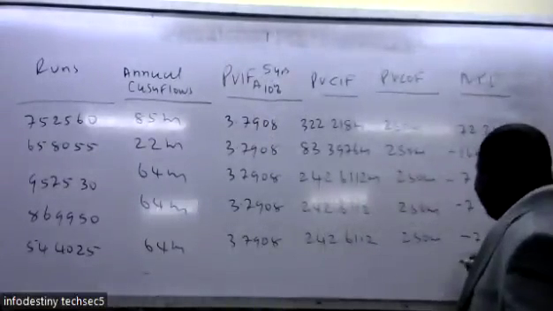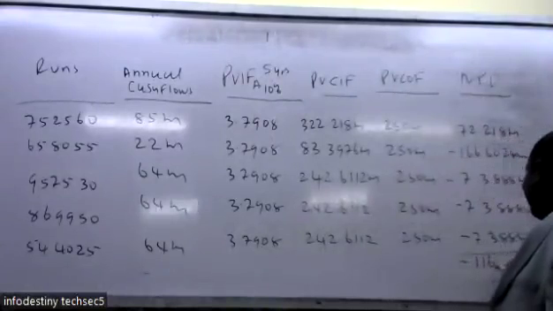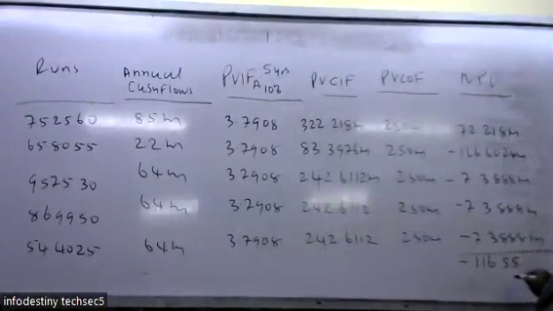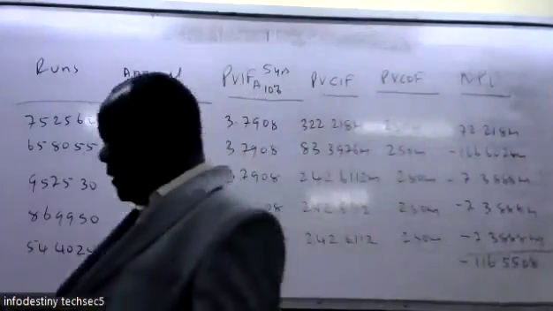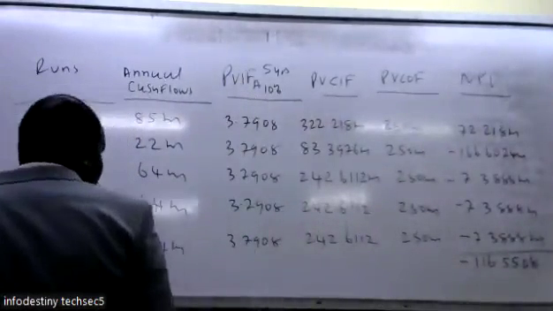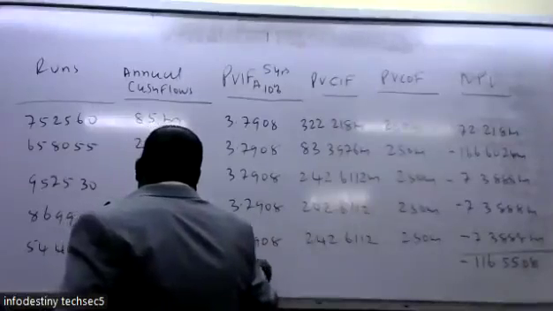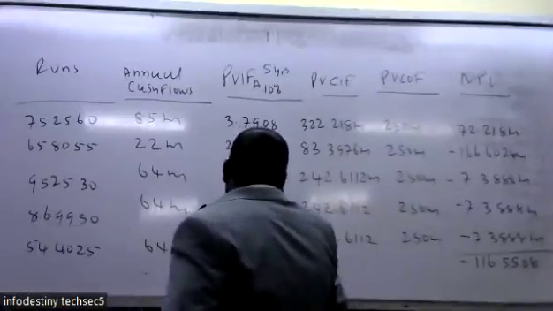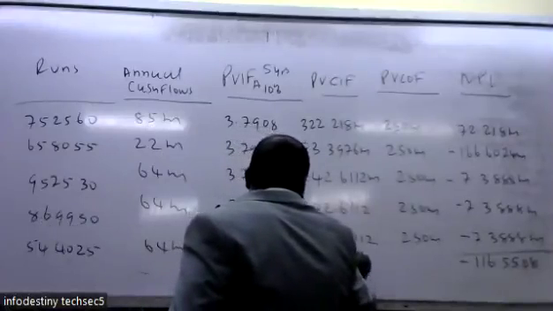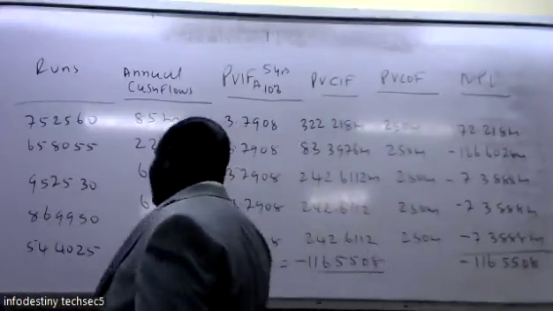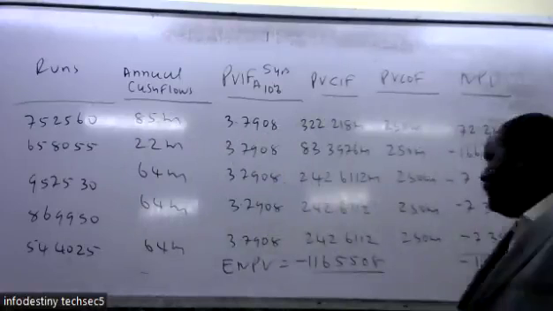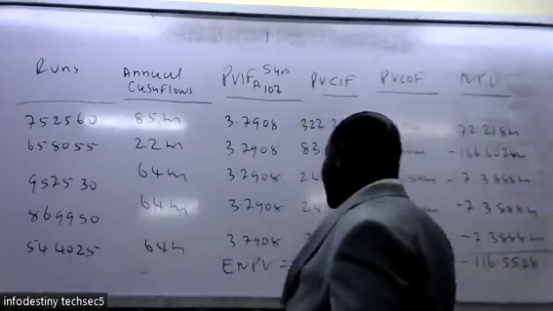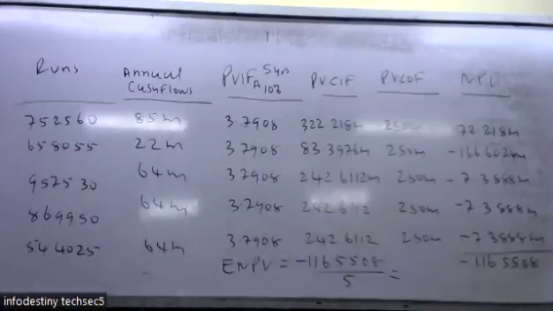Negative 116.5508. But they wanted you to get the expected NPV. So for that expected NPV, we take that negative 116.5508. But there were how many runs? There are 5, so divide by 5 so that you come up with our expected NPV.